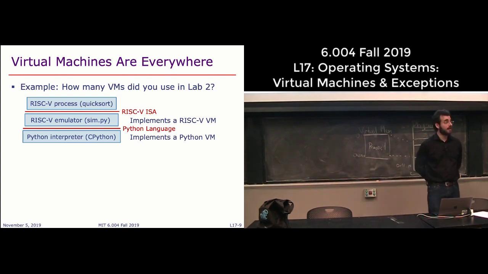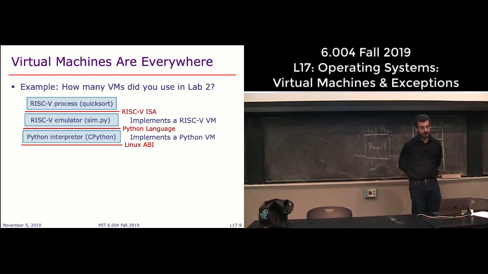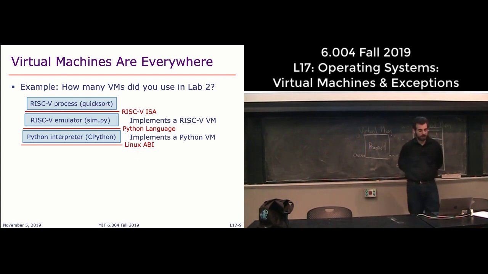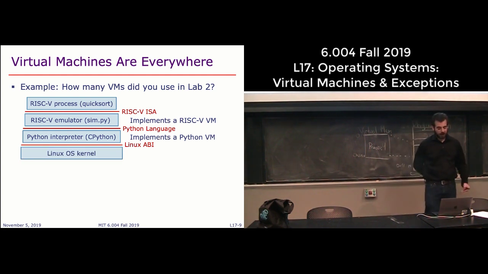This is written in C and it's compiled down to assembly, so it actually does talk with the operating system directly. In particular, in Lab 2, we're using Athena, so those are Linux machines. And so this is coded against the Linux application binary interface. So underneath, we have the Linux operating system kernel.